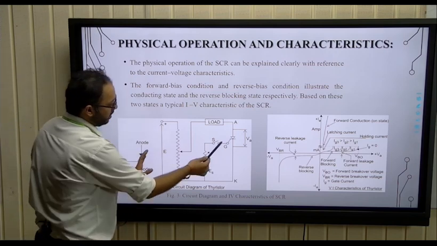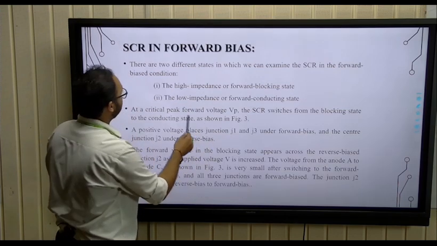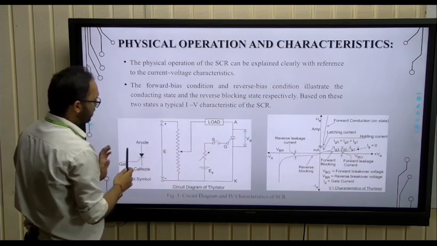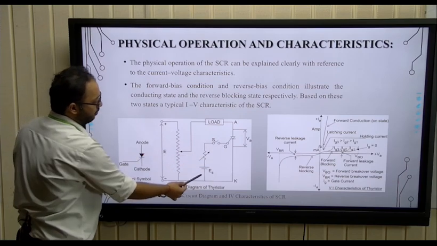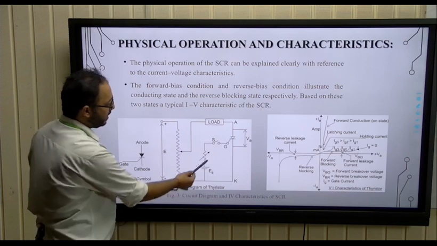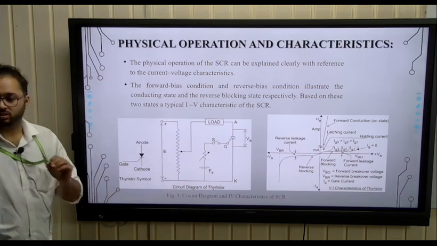Right now there is one power source for anode and cathode and one power source for gate, and this gate source is also used through a switch.